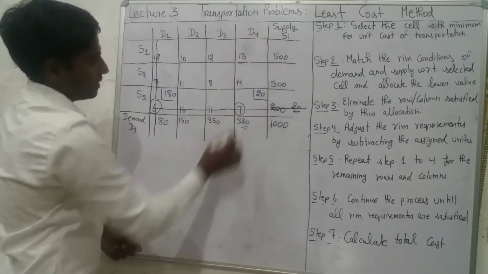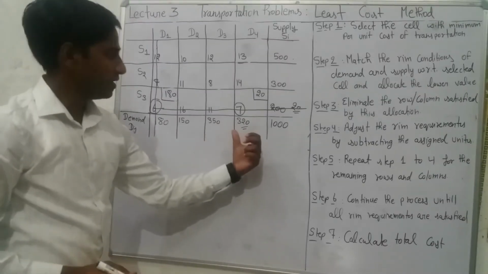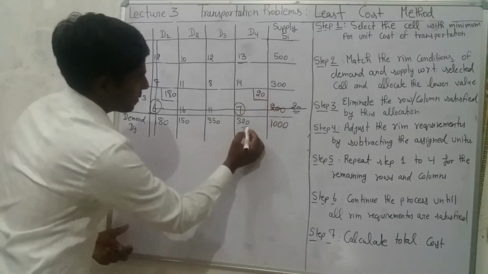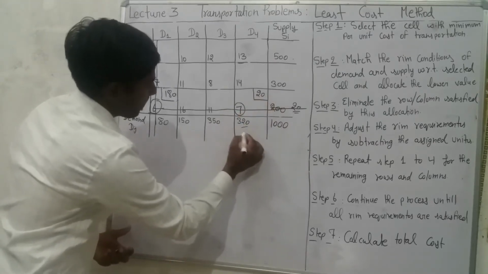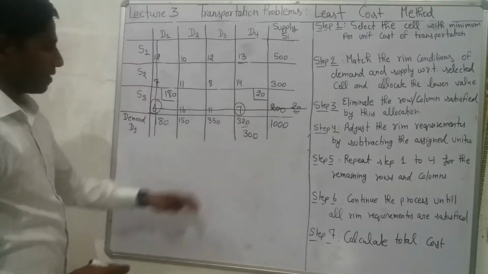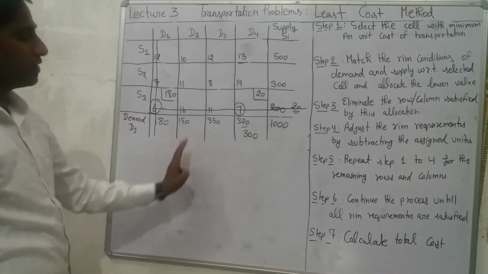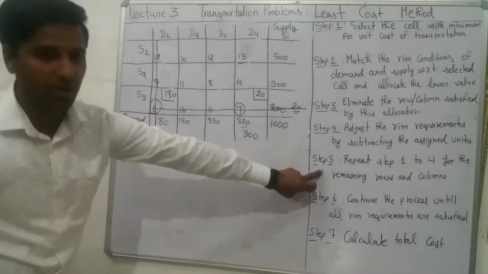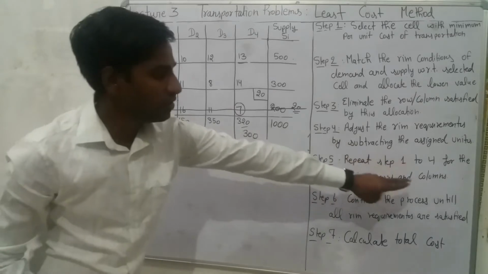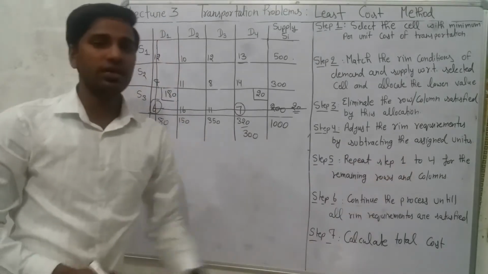The demand of destination 4 was 320 units, out of which we have allocated 20 units to it. So the remaining quantity demanded will be 300 units. So after doing this, again we have to come to step 5, which says that repeat step 1 to 4 for the remaining rows and columns.